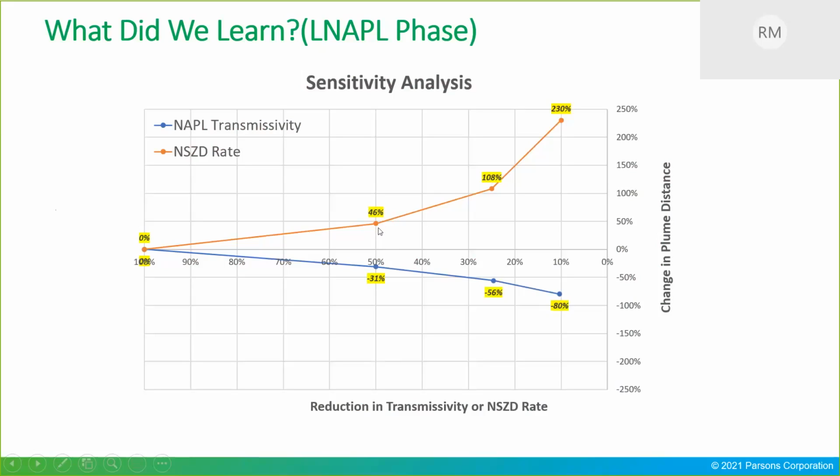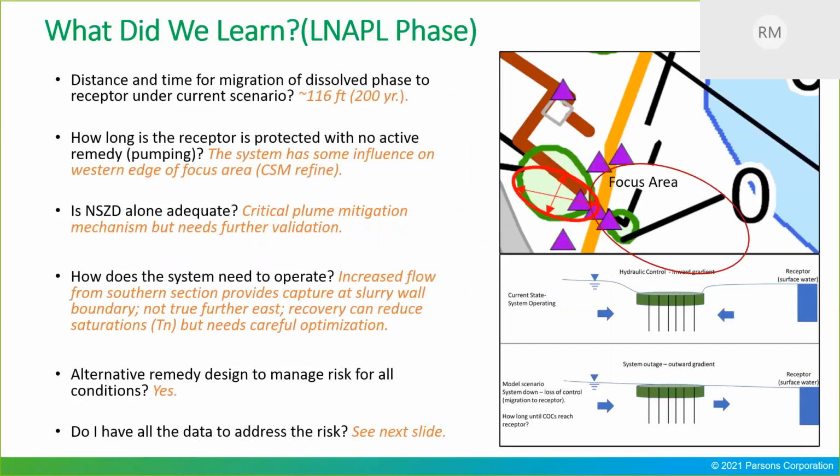If your NSCD rate actually doubles, you're looking at a 46% reduction in the distance. When it goes to 75%, it's 78% higher, then it's about 108, and when it's almost double that, you're looking at about 200%. This goes to show that the effect of natural source zone depletion, the natural attenuation processes, has a much larger role to play, and is much more effective in mitigating the risk than the transmissivity itself, because the transmissivity is more of a migration metric, right?